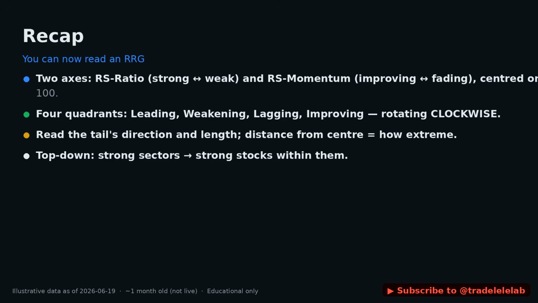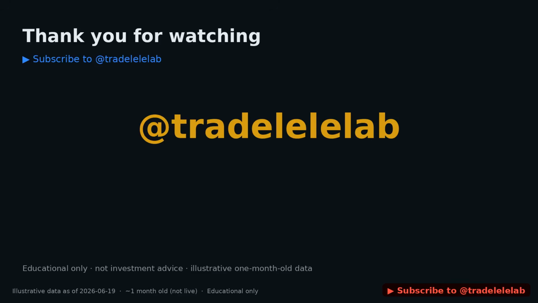You read each sector by the direction and length of its tail and by how far it sits from the center. And you use it top-down, find the strong sectors first, then the strong stocks inside them. That is the entire method. And that is how you read a relative rotation graph.